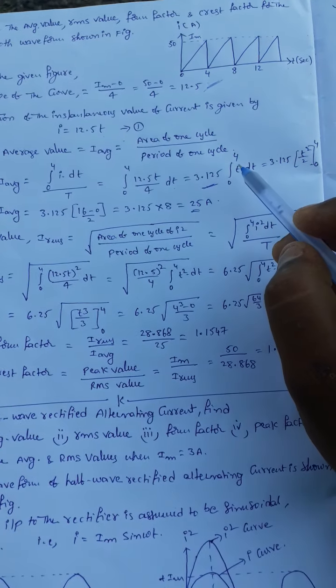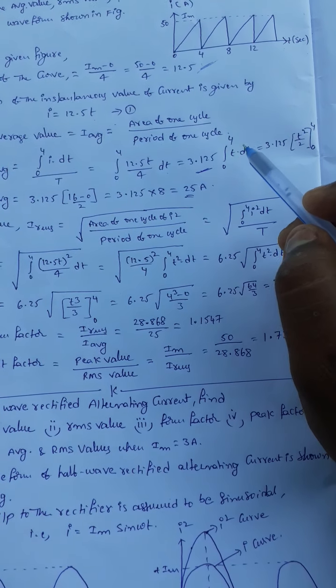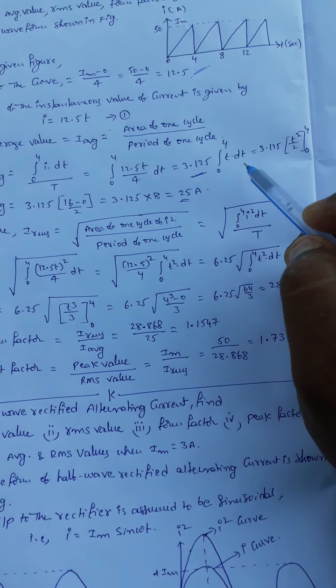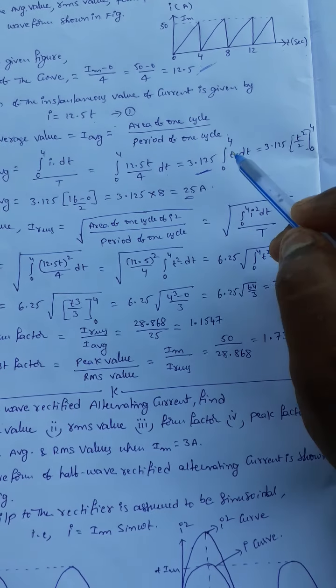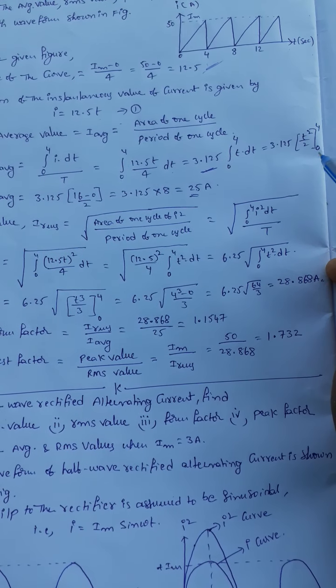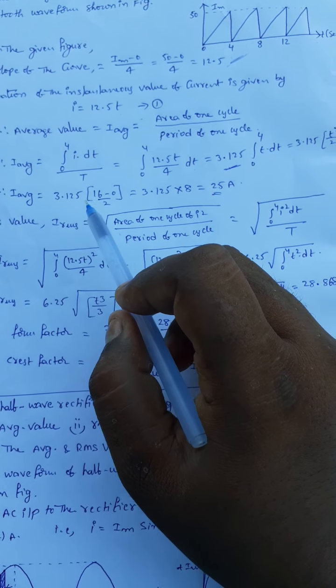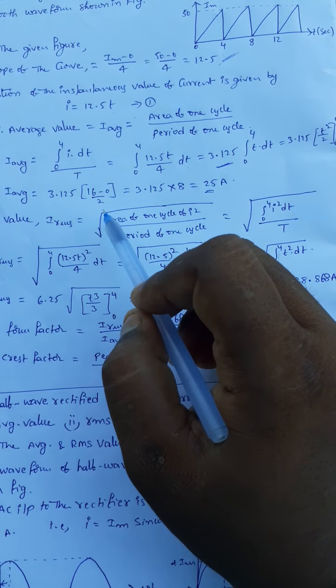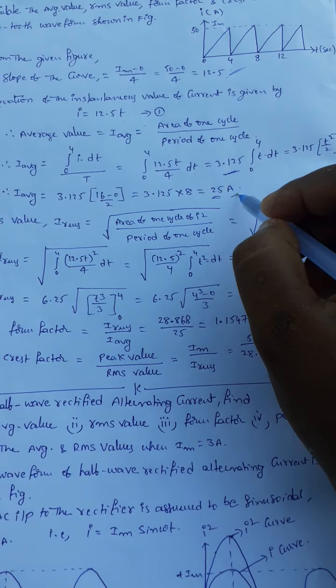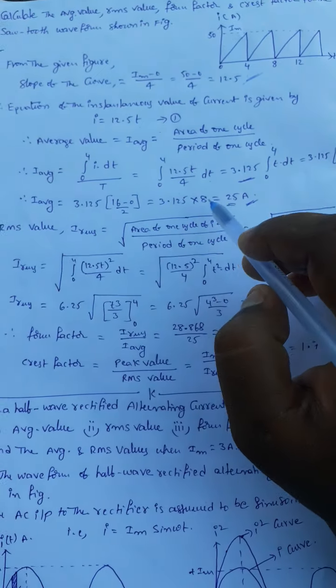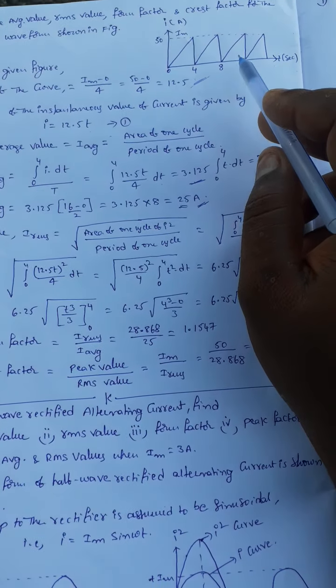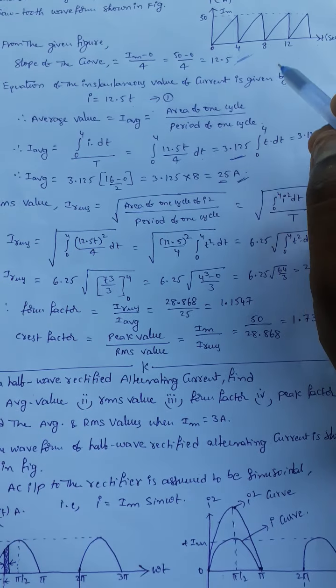The integral of t dt is t square by 2 between the limits 0 to 4. So 3.125 into (16 minus 0) by 2, which is 25 amperes. This is the average value for the sawtooth waveform.